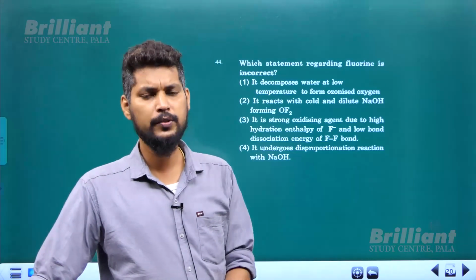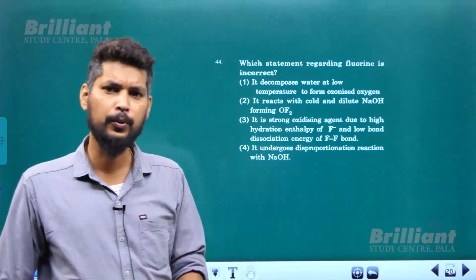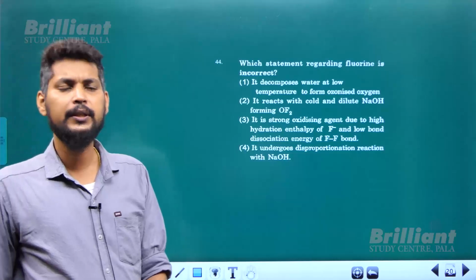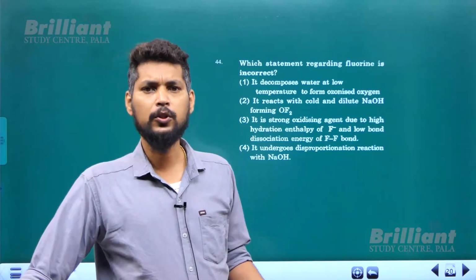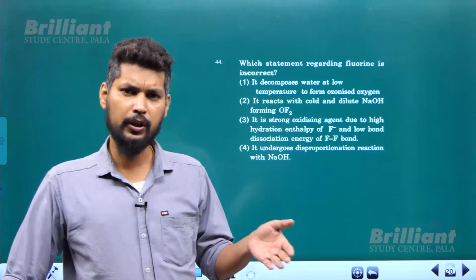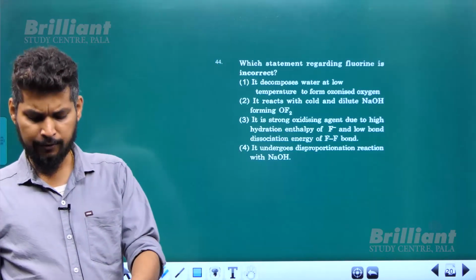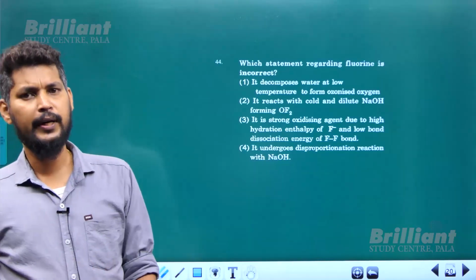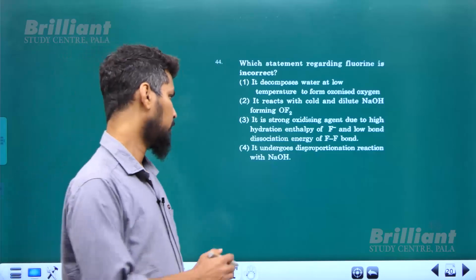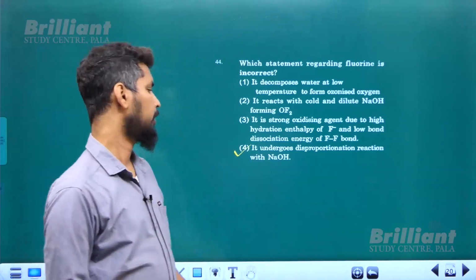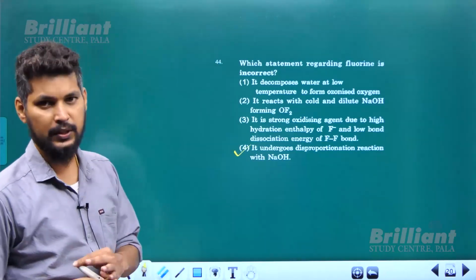Fluorine cannot form a positive oxidation state in any of its compounds. It has only two oxidation states, either -1 or 0. In elemental fluorine it is 0, and in its compounds it is -1. So it cannot increase its oxidation state from 0 to a positive value, so it cannot undergo a disproportionation reaction. So that is a wrong statement. So the correct answer will be option 4. It does not undergo disproportionation reaction with sodium hydroxide.